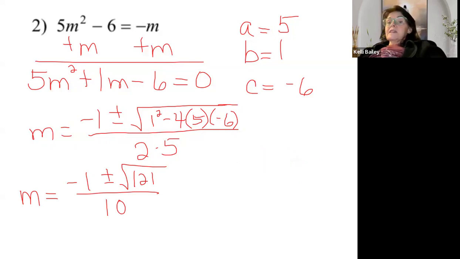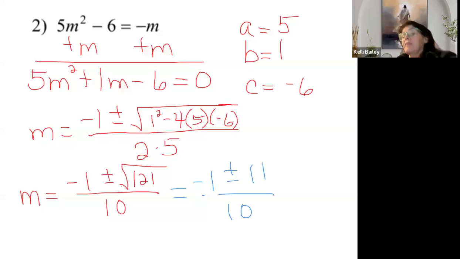So this gives me negative 1 plus or minus 11 over 10. Now, this time, since it's not irrational, I have to actually write 2 different numbers.